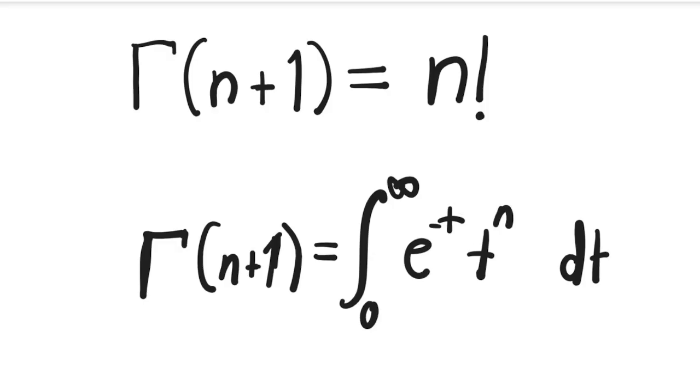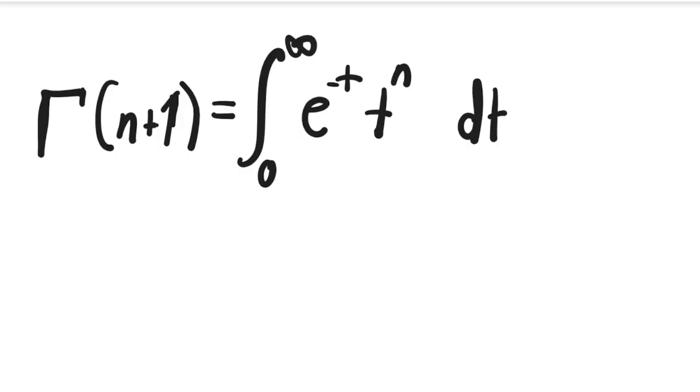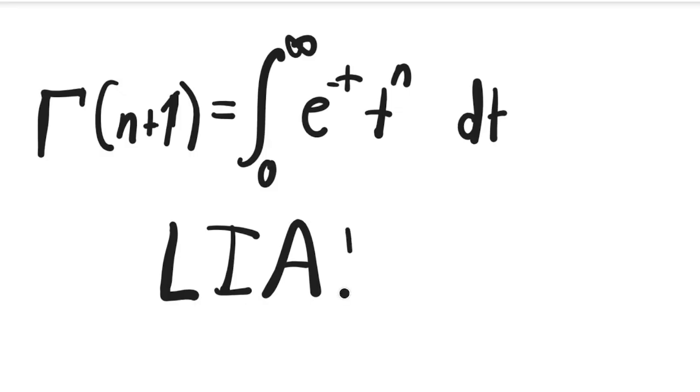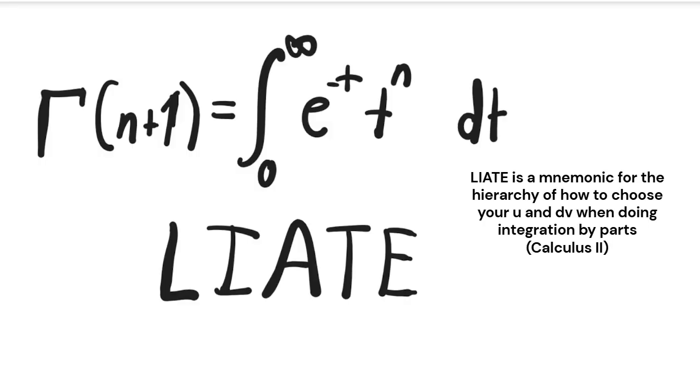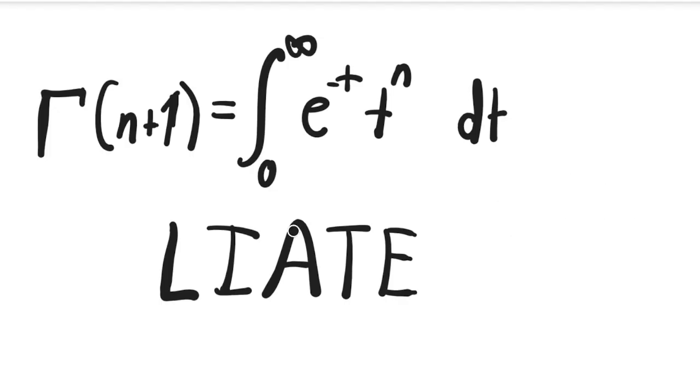Now we can do this using integration by parts. First, recall the LIATE rule. Remember that L stands for logarithmic, I stands for inverse, A stands for algebraic, T stands for trigonometric, and lastly, E stands for exponential.